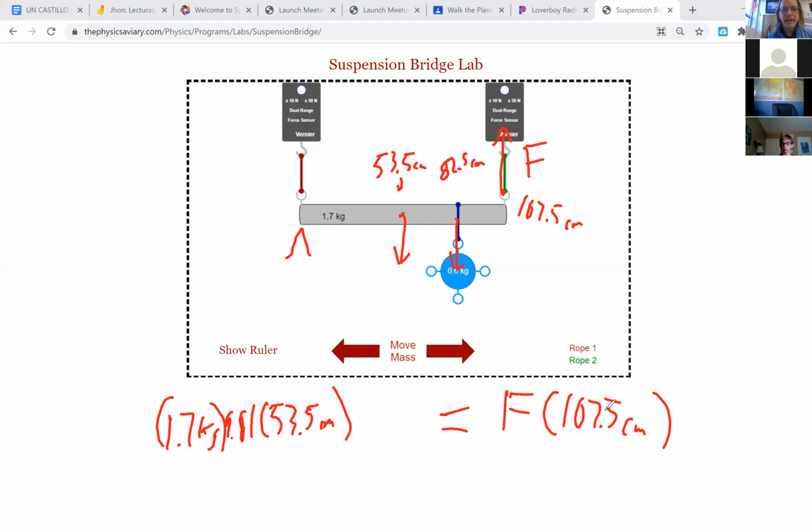Okay, so what I didn't leave a lot of room for is this torque that's going to go clockwise. I'm going to try my other side over here. It'll still fit on the screen.